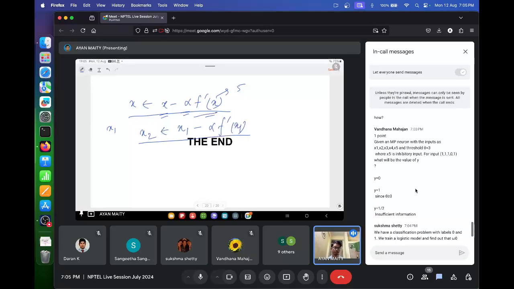So MP neuron simply takes the sum of all the binary inputs that it has, and if the sum is greater than the threshold, then it outputs 1, otherwise it outputs 0. This is how you compute output for MP neuron.